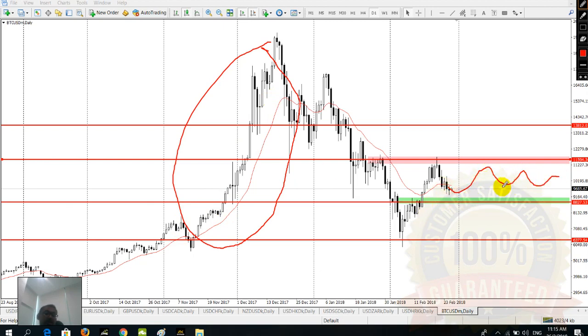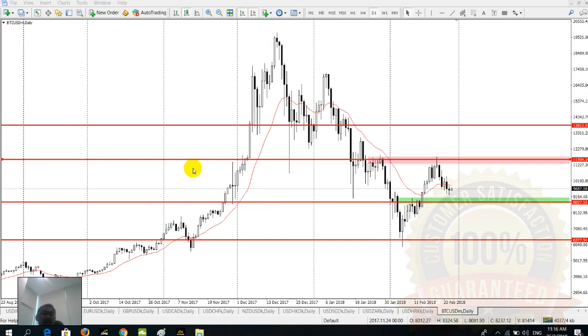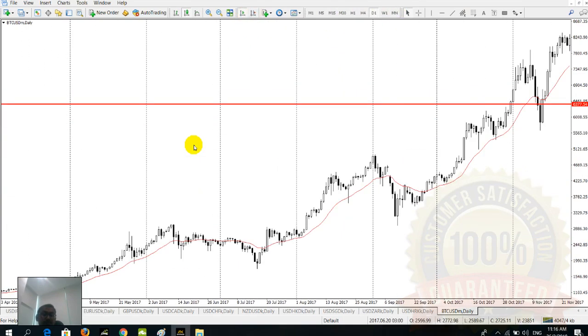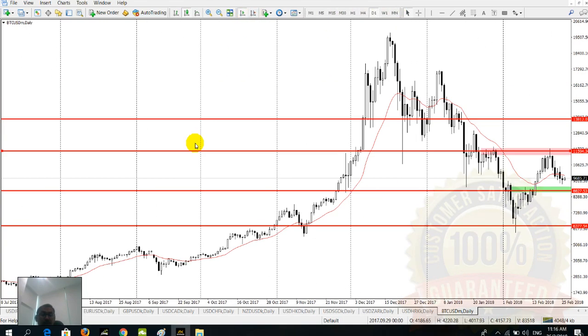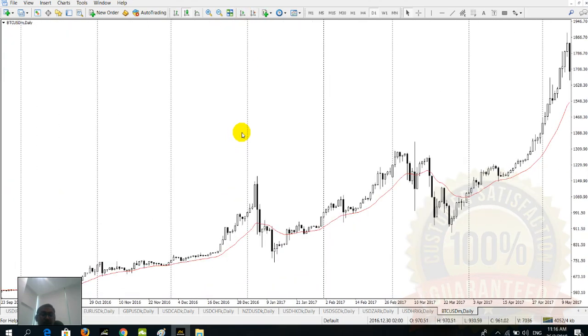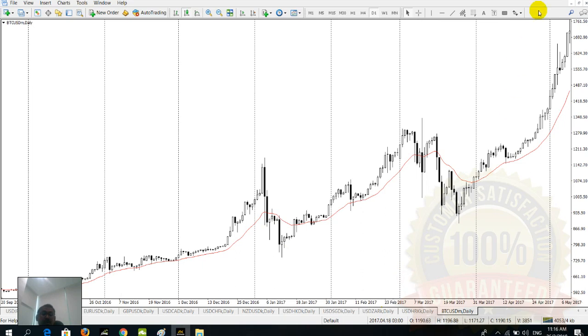So it might be a very slow and steady movement, which is good for BTC in the long term, because the same pattern happens every time in BTC. For example, let me show you. Look at this, the same pattern.